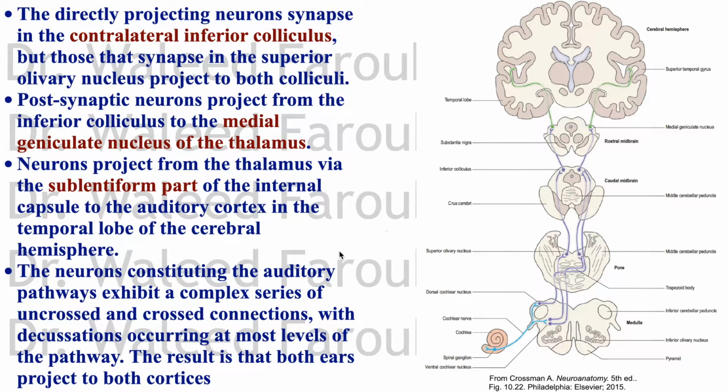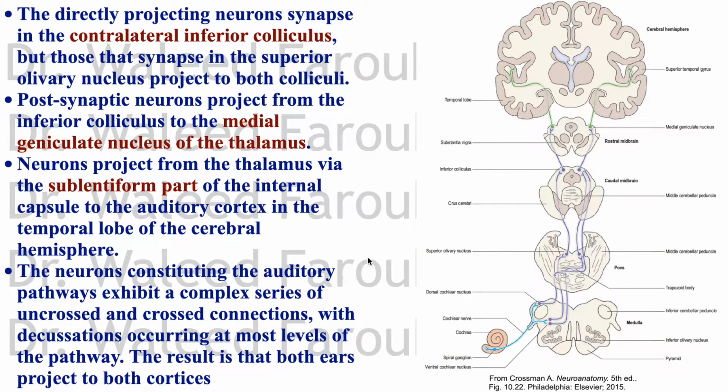Again, to remind you, the retrolenticular part of the internal capsule was in the visual pathway, while the sublenticular part is in the auditory pathway to the auditory cortex in the temporal lobe of the cerebral hemisphere. The neurons constituting the auditory pathways exhibit a complex series of uncrossed and crossed connections, with decussations occurring at most levels of the pathway.